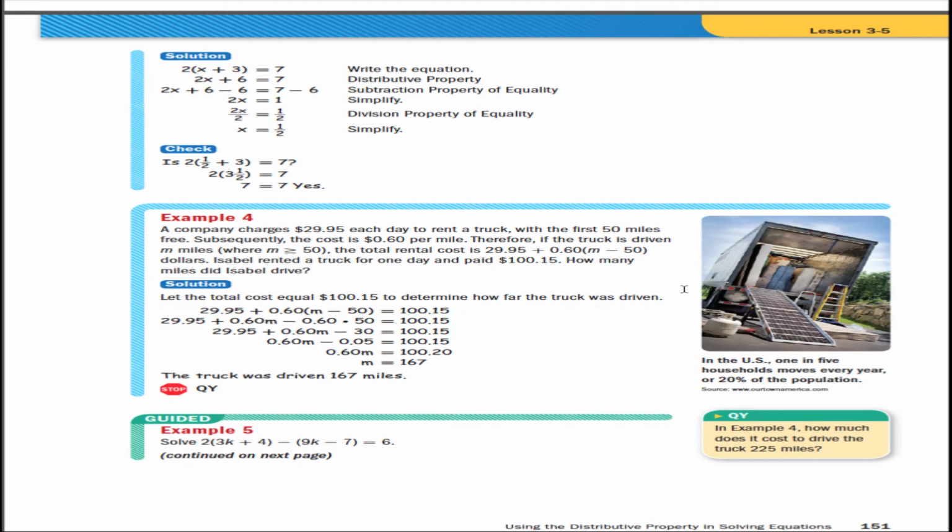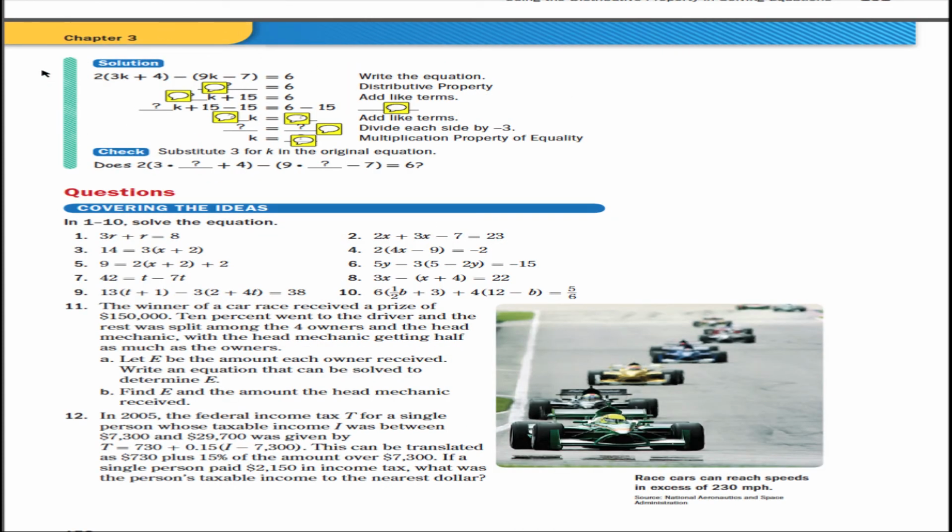Okay, this is the 3-5 guided example. It's on page 151. Take a look at it, try to work ahead and see if you can figure out how to do it. But in this case, we've got 2 different terms in parentheses, and we have to clear those before we can carry on. So the first thing we want to do is write out the equation. We're going to use the distributive property to multiply through both of these parentheses.